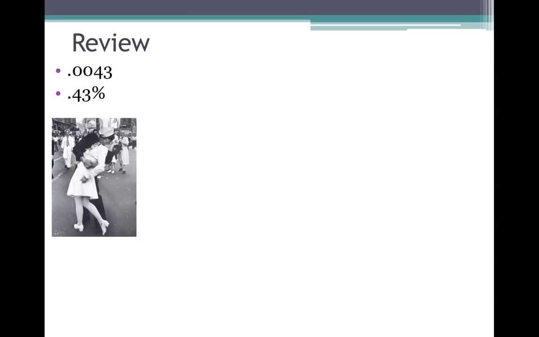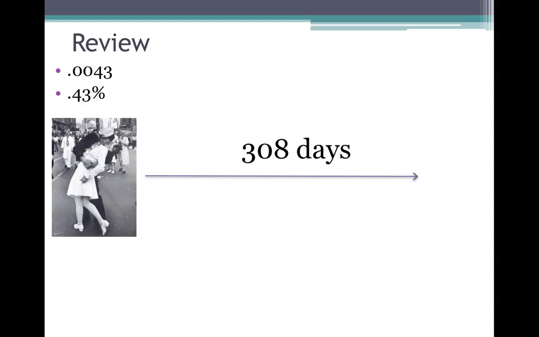So when we consider the scenario that the woman was with her husband when he was home on leave, and then 308 days later she has a baby, the likelihood that the baby is the husband's is 0.43%. It's an unlikely probability.